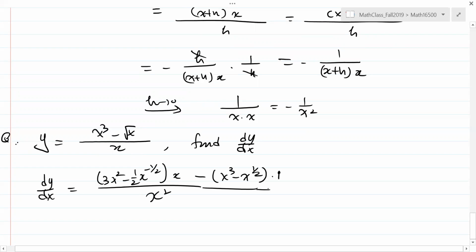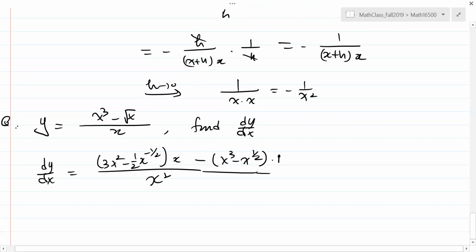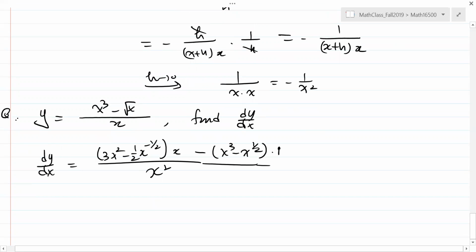Then you have to simplify this. There are lots of terms there. It's not easy to simplify. More likely a 50% chance to get the wrong answer.